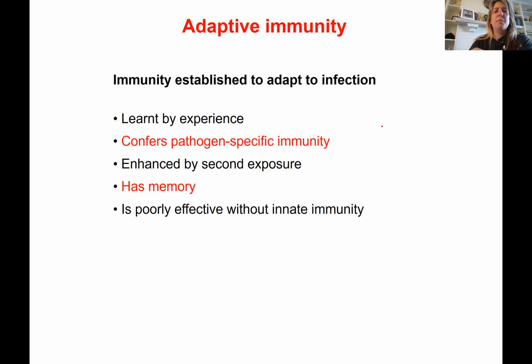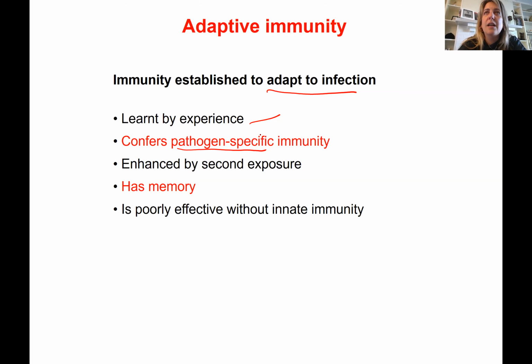So adaptive immunity is to adapt to infection, and it is learned by experience. The more you get in contact with that particular microbe, the better your immune system against it is going to be. It is pathogen specific. Because you have great immunity against, say, influenza doesn't mean that you have great immunity against herpes virus, because it is pathogen specific.